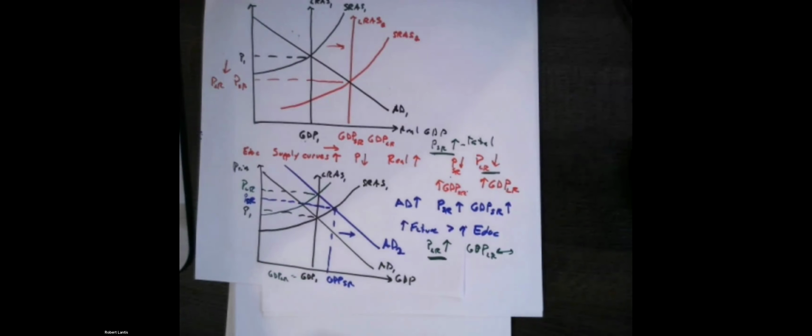Okay, so to round out class today, we will pick up next class and I'll work through some different combinations of simultaneous changes. We'll also think about what happens if we have changes to aggregate demand and short run aggregate supply simultaneously. We looked a lot at long run shifts today.